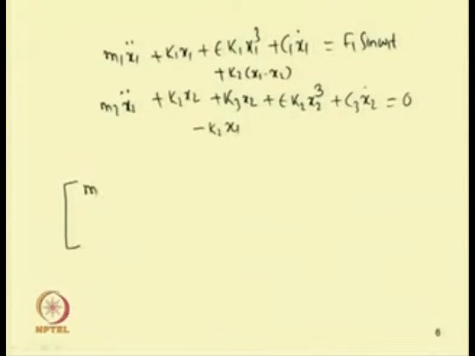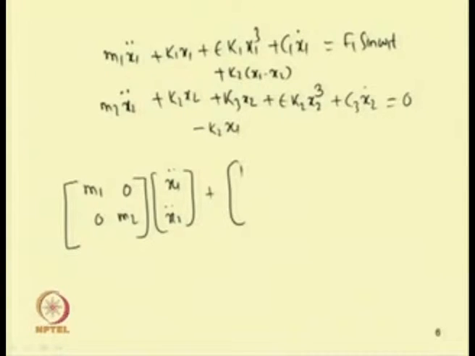So, in matrix form this will be equal to m1 0 0 m2. So, this becomes x1 double dot x2 double dot plus, let us write the linear part in this way. So, this will be k1 plus k2 x1 minus k2 x2.